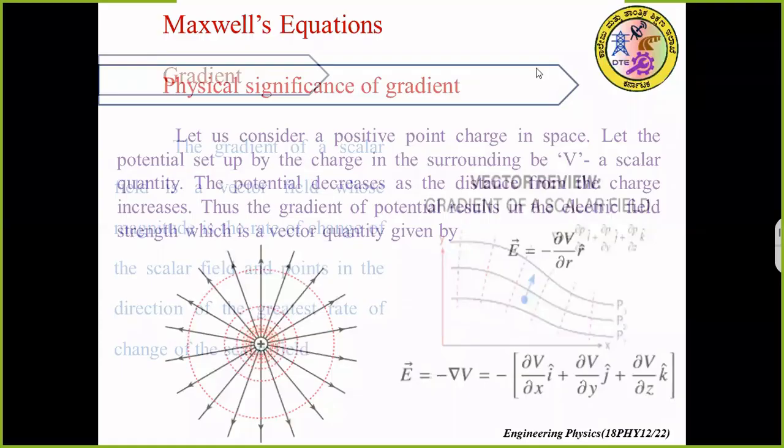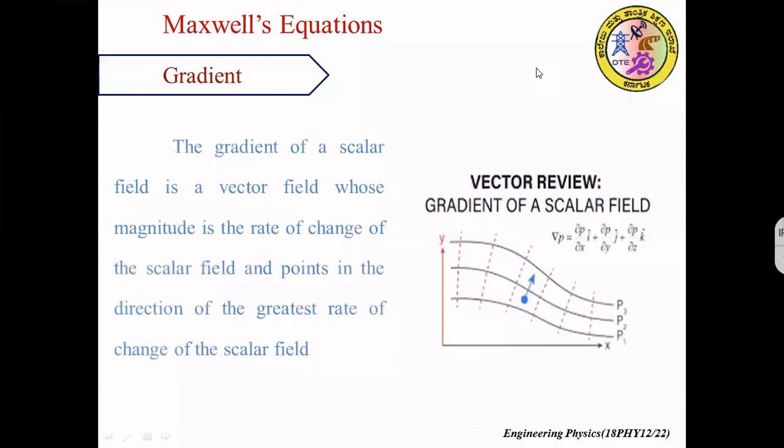Let us look at the del operator as a gradient operator. What is meant by gradient operator? Let us try to understand that with an example. Suppose we have an air conditioner in a room. Suppose the air conditioner is at the origin, that is one end of the room.